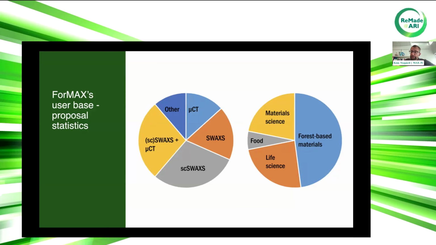The gray area there is scanning SWAXS in some form. The yellow one is some combination of full field tomographic imaging and either SWAXS or scanning SWAXS, maybe with a side preference for scanning SWAXS. So a bit less than 50% of the proposals for the Formax beamline deal with scanning SWAXS imaging in some sense.